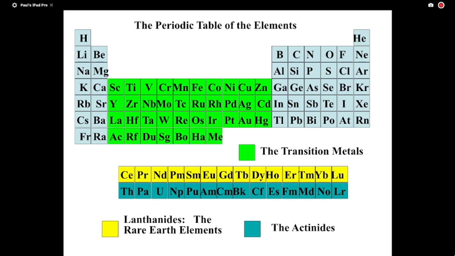They behave a little bit weird. It's because of how the electrons are distributed there. And then the bottom two rows are called the lanthanide series and the actinide series. The lanthanide series are called the rare earth elements. You can probably tell there's just a few of them around the Earth. The actinides, almost all of them are man-made.